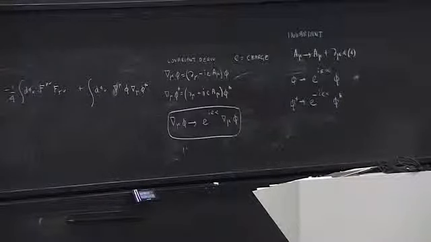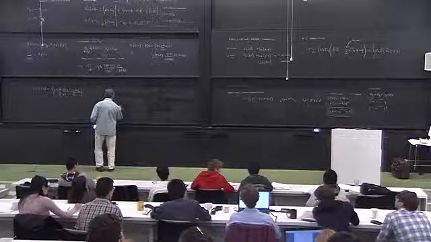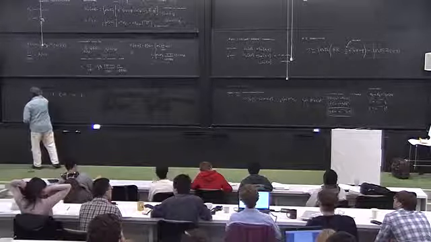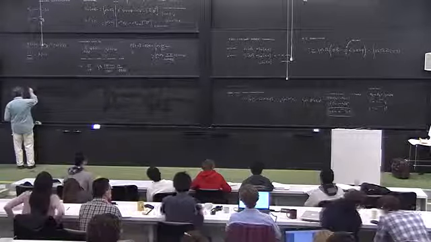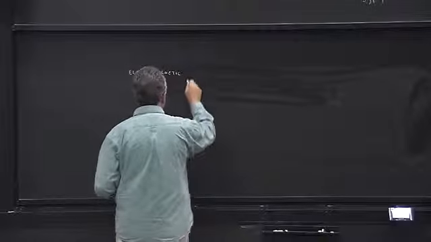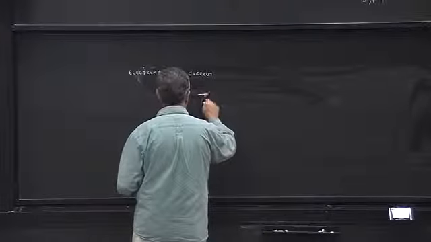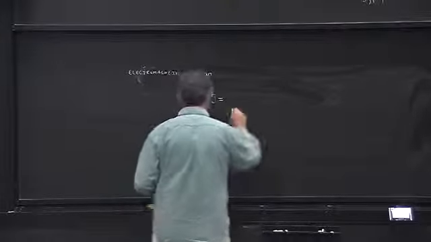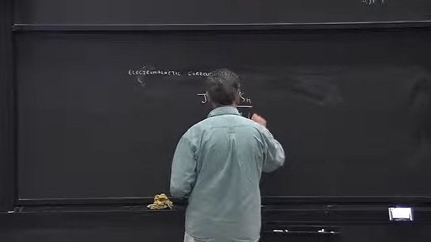Now we can see why functional derivatives are useful. The electromagnetic current, which is the Maxwell analog of the energy momentum tensor, if you like, which we call J mu, is just the derivative of the matter action with respect to A mu.